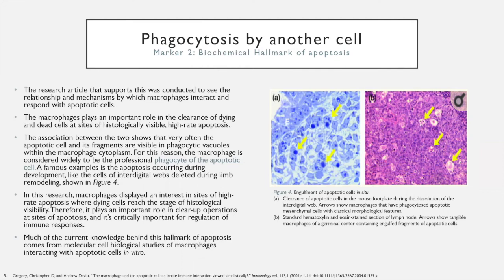It lets you see the engulfment of apoptotic cells in situ. In this research, macrophages display an interest in sites of high-rate apoptosis where dying cells reach the stage of histological visibility. Therefore, it plays an important role in clean-up operations at sites of apoptosis, and it's critically important for regulation of the immune responses.